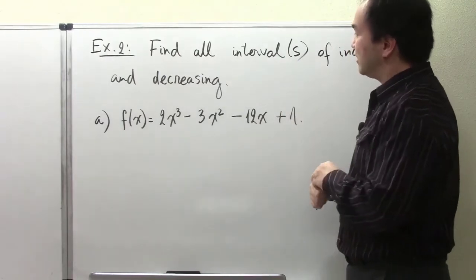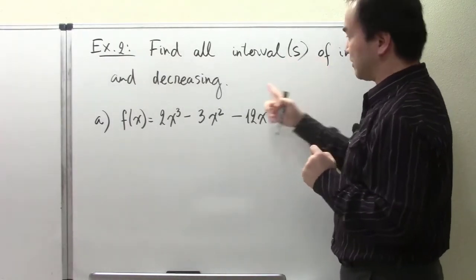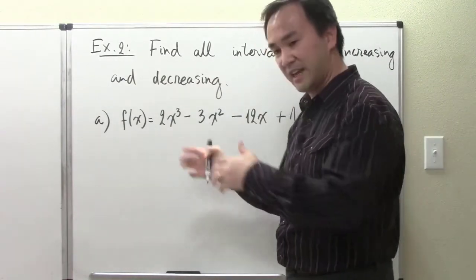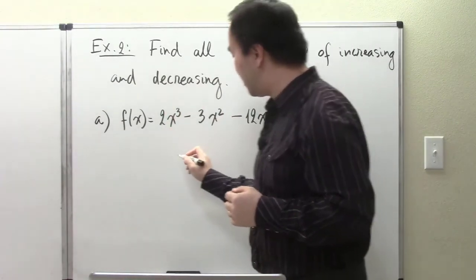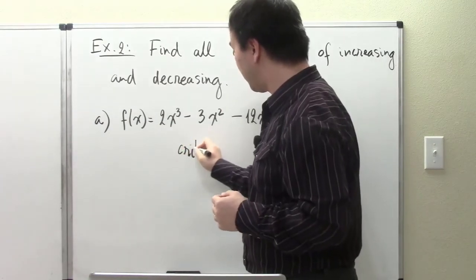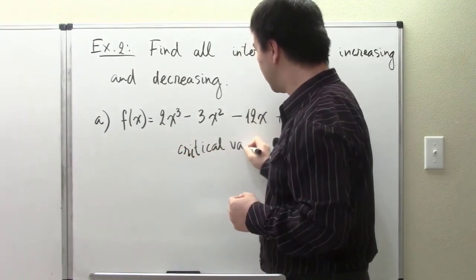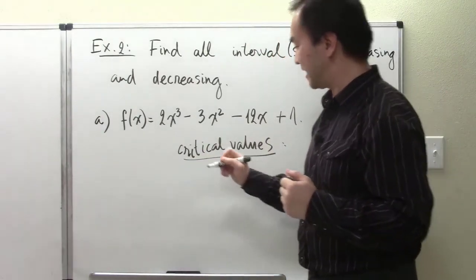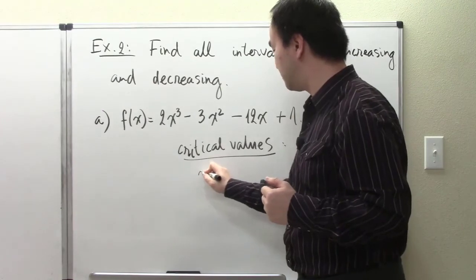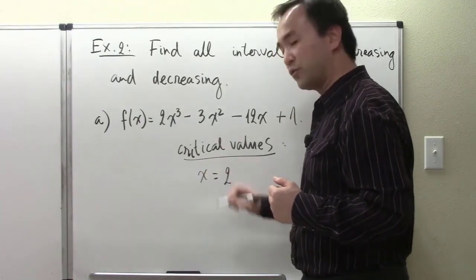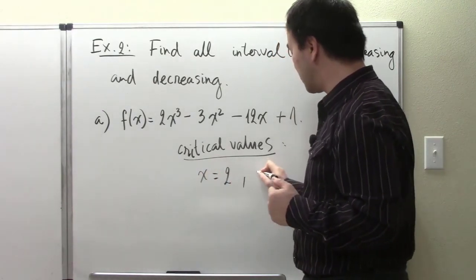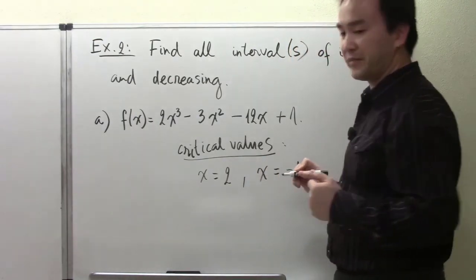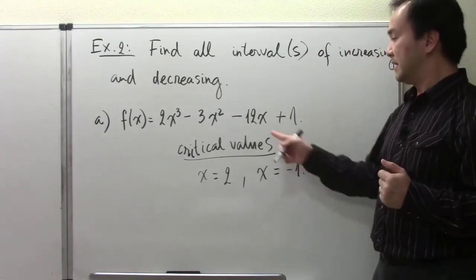In our work to find the intervals of increasing and decreasing, we have to find the critical values as I have explained through the graphs. But we already found the critical values in example 1, so here I'm just going to repeat that. x equals 2 is one of our critical values, and x equals negative 1 is our other critical value for this function.